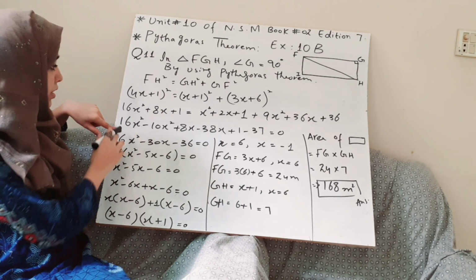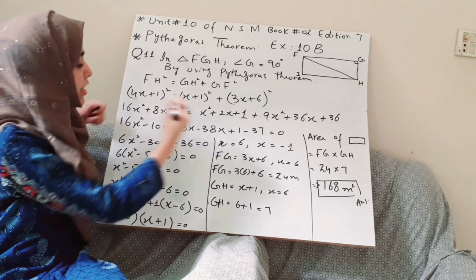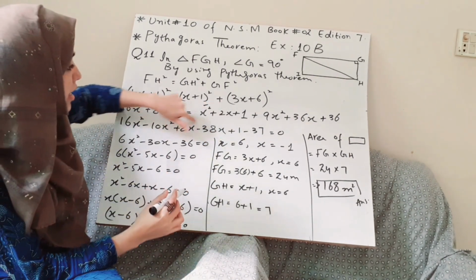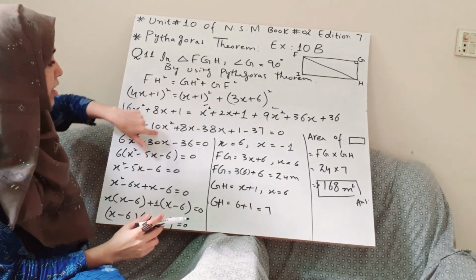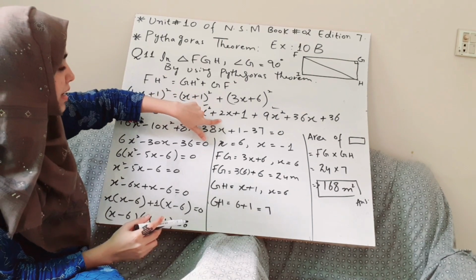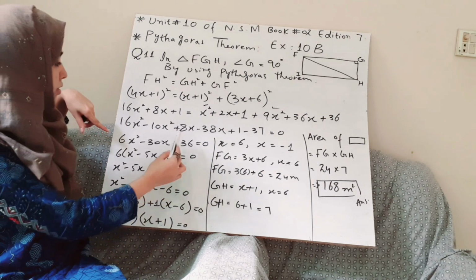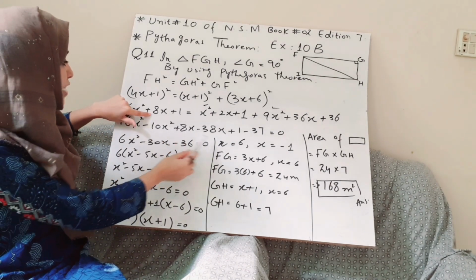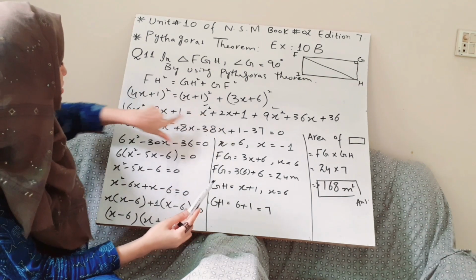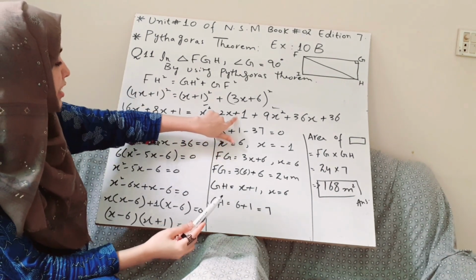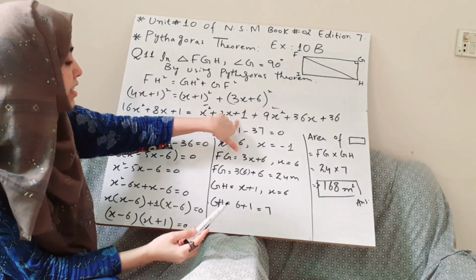Let's look at the x squared terms. Here is x squared, and here is 9x squared. 9x squared plus 1x squared is 10x squared, and then the x terms are 2x plus 36x. So 8x here, and we shift this here, minus 38x plus 1 here, and the constants are 1 and 36, 1 plus 36 is 37.